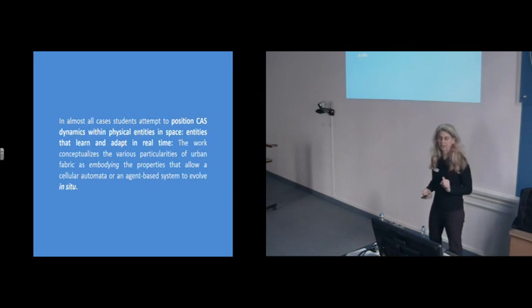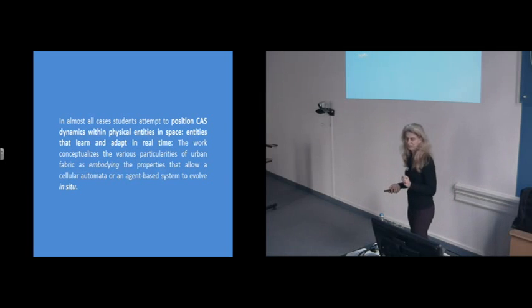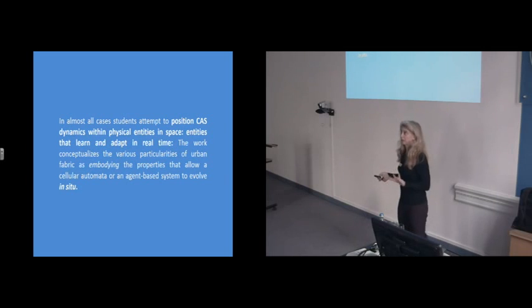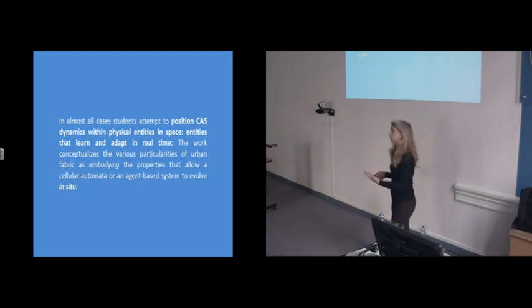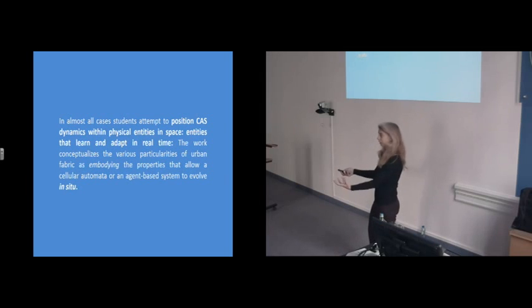Okay. In almost all cases, students attempt to position class dynamics within physical entities in space, entities that learn and adapt in real time. And this is interesting because the thing I've really been exploring in my work in the last number of years is not so much computer modeling or dealing with communicative processes whereby different participants discuss how urban dynamics could unfold, and then arrive at deliberative consensus, and then you deploy that on the ground.